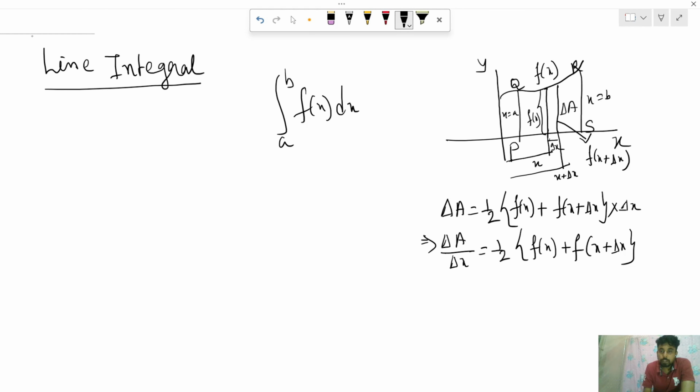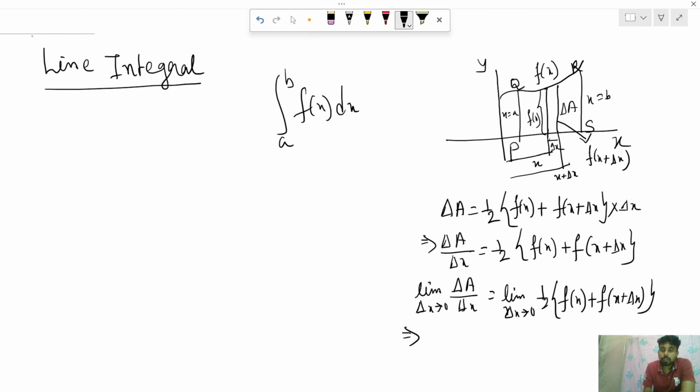Now if I consider the limit delta x tends to 0, then it will be the limit delta x tends to 0 of half of f(x) plus f(x plus delta x).